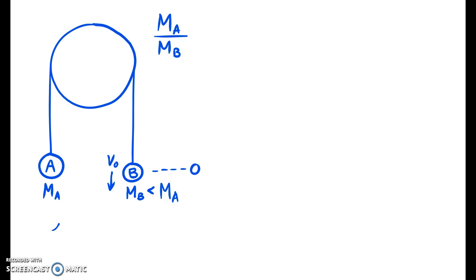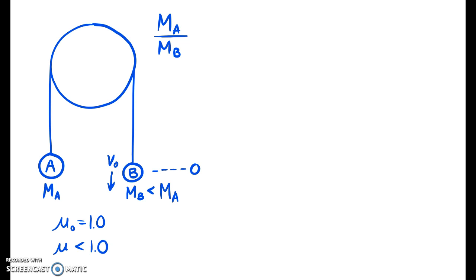Additionally, we have a coefficient of static friction, which I'll call mu0, that is equal to 1.0. And there's also a coefficient of kinetic friction called mu, which is less than the coefficient of static friction, so it's less than 1.0.